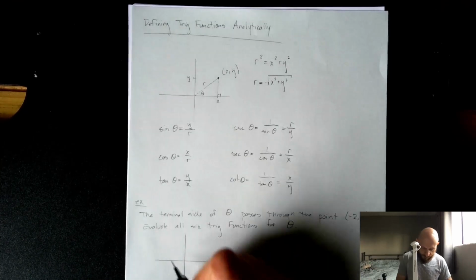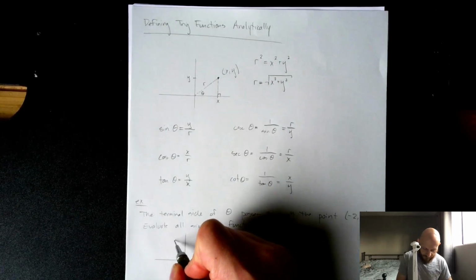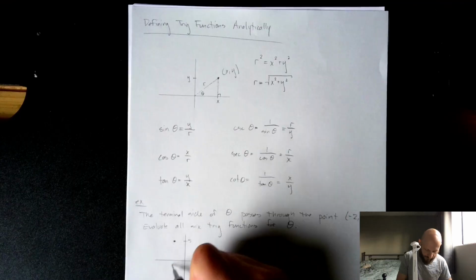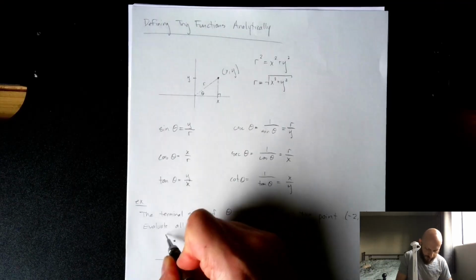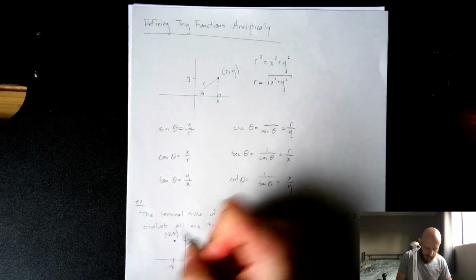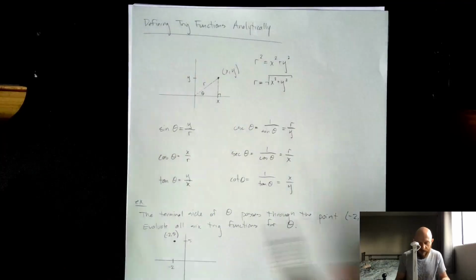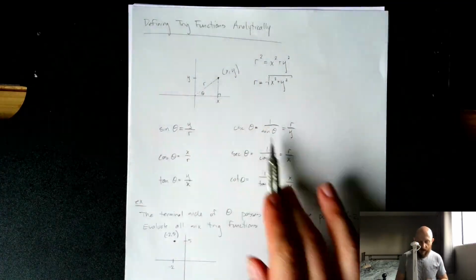So the point -2, 5, I don't need to be precise, it's like here. So that's 5. Here's -2, so yeah, -2, 5, of course.